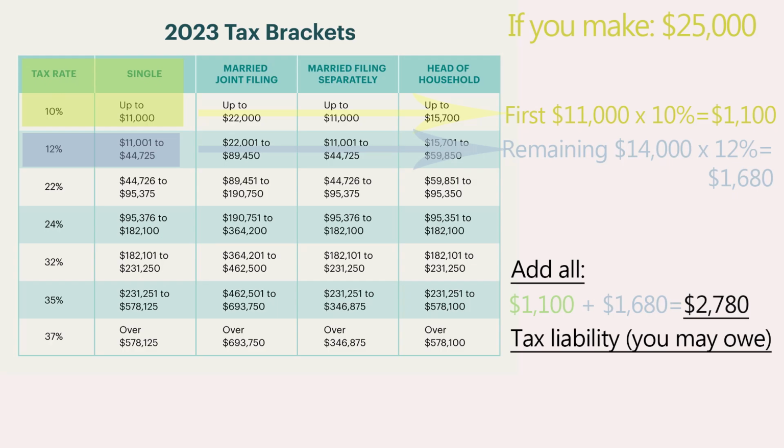In another example, you made $25,000 as a single filer. Your first $11,000 is subject to that 10%. Anything over $11,000, that $14,000, is now taxed at the 12% rate. That's going to be your tax liability that you owe to the government.